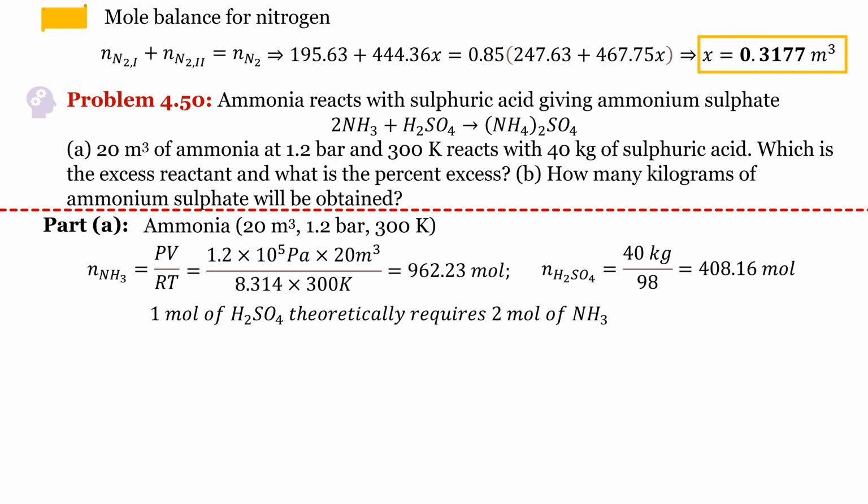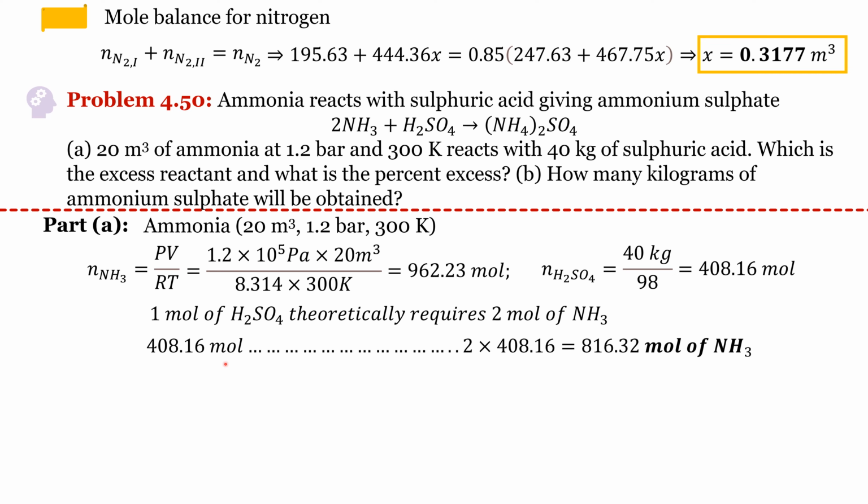Now, as per reaction, we can write 1 mole of H2SO4 theoretically requires 2 mole of NH3, and the available moles of H2SO4 is 408.16.